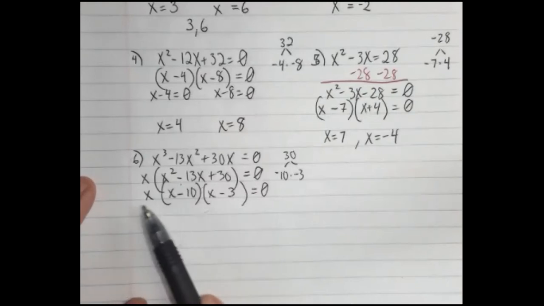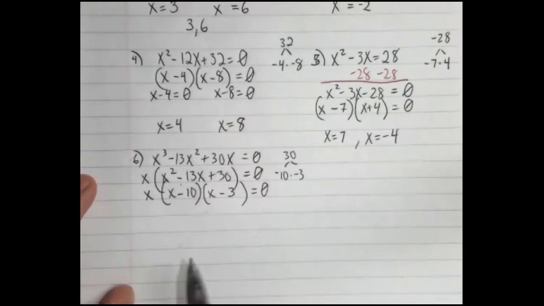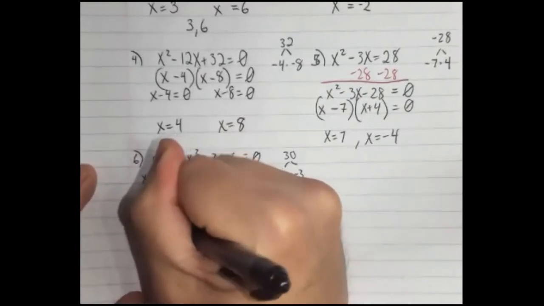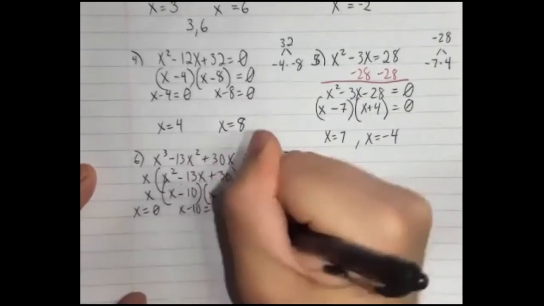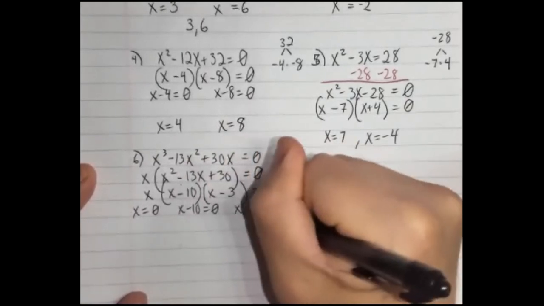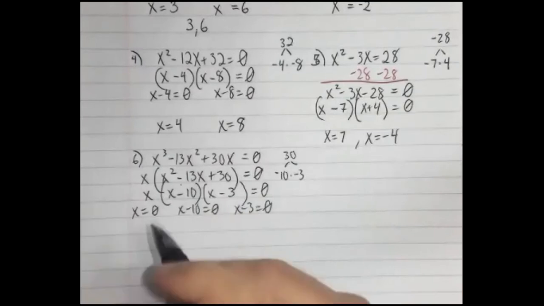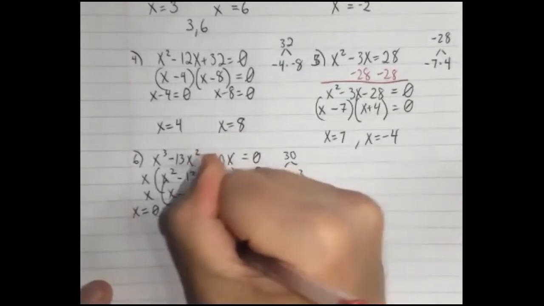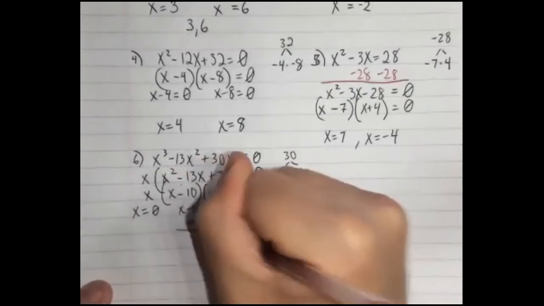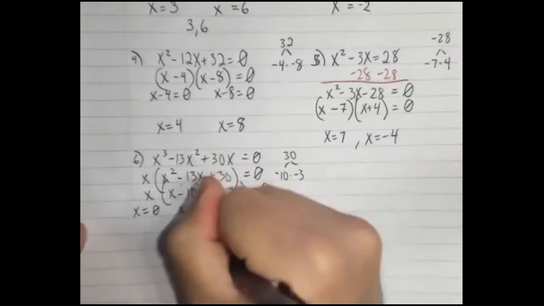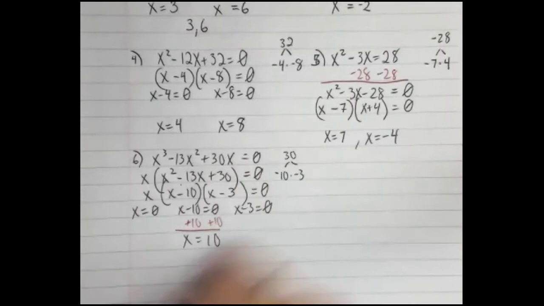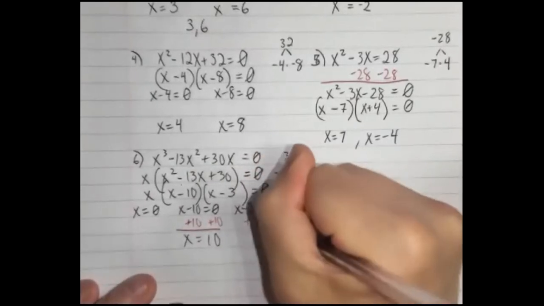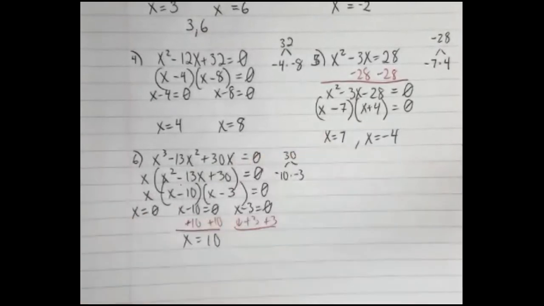And so this problem will actually have 3 answers, okay? So remember, when we set them each equal to 0 and solve, we already know one of the answers is 0. This answer here would be positive 10. We know this answer here would be positive 3.